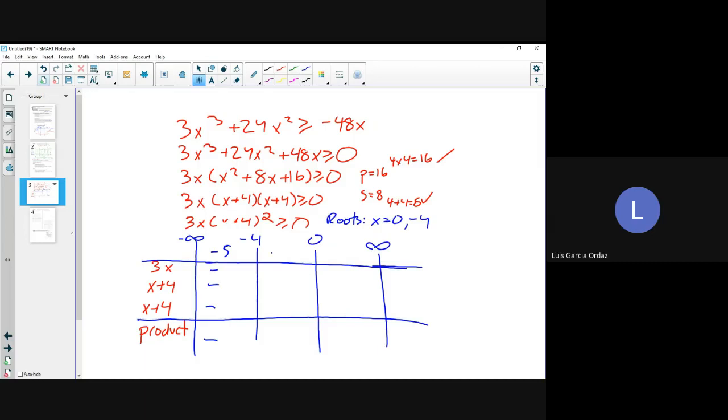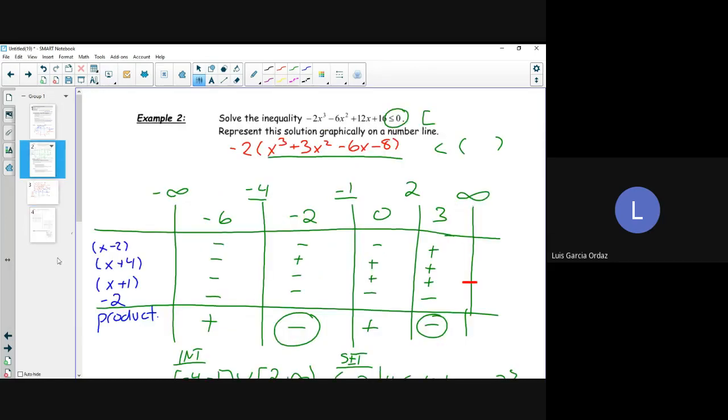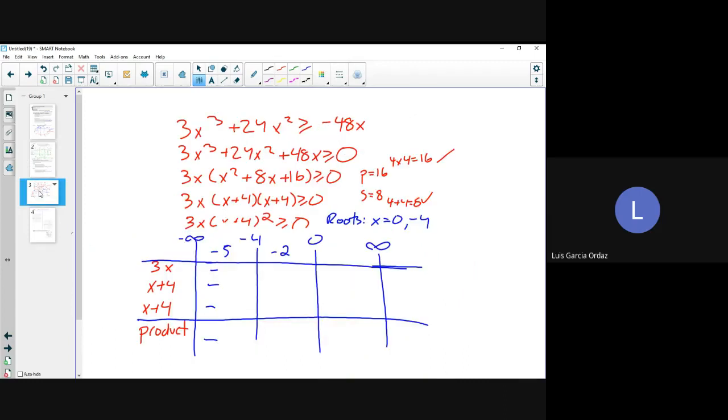Yeah, so we're going to plug in negative 2. The first one gives us a negative, positive, positive. So what does it give us? Negative. Another negative.